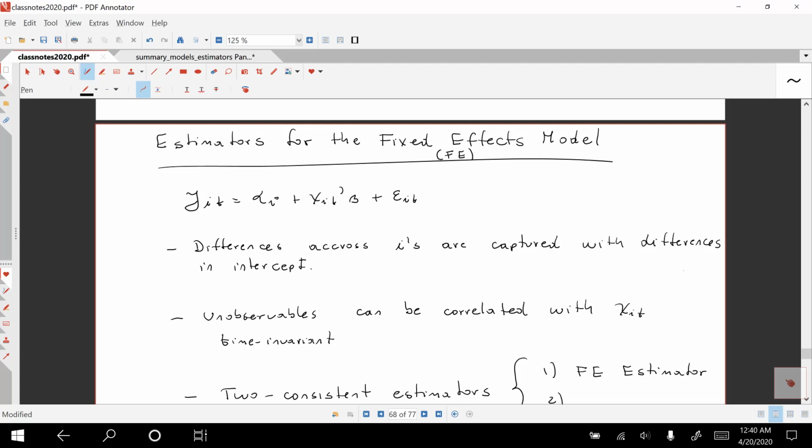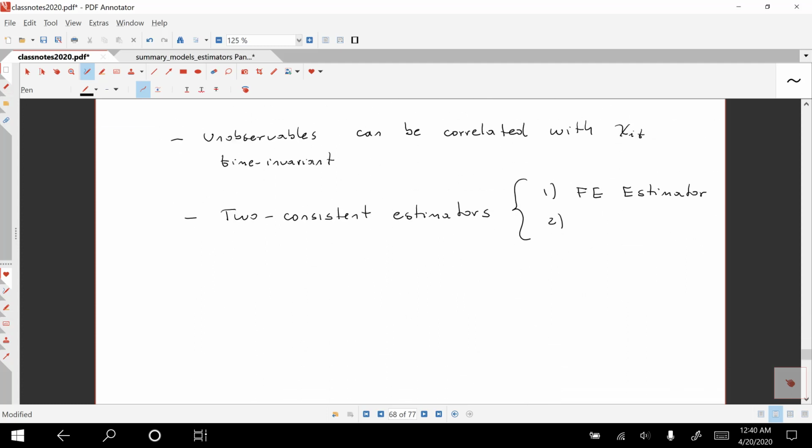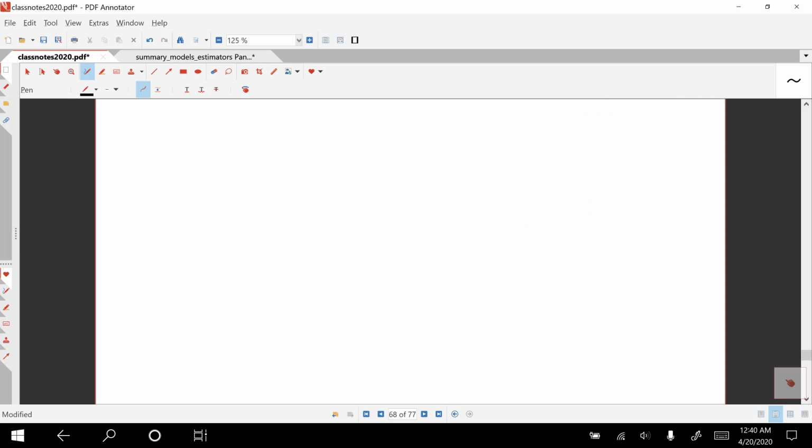The other is the first differences estimator. I'm only going to be talking about the fixed effects estimator since that's the preferred model.